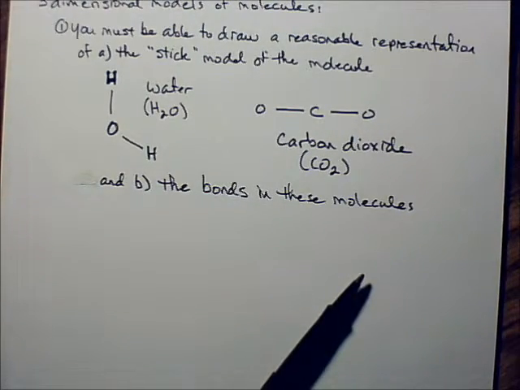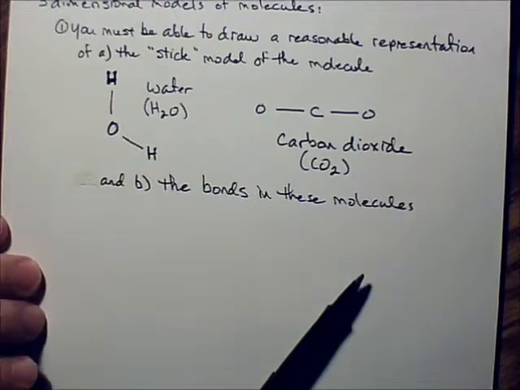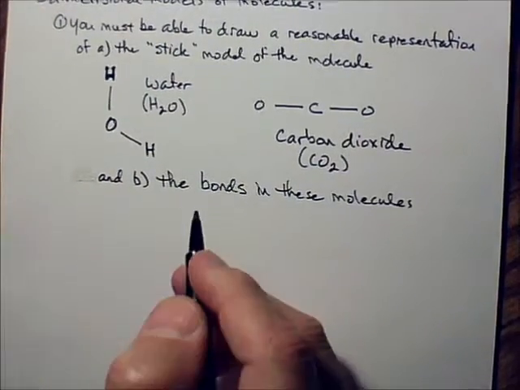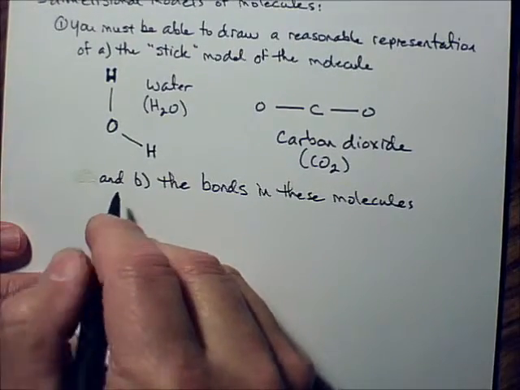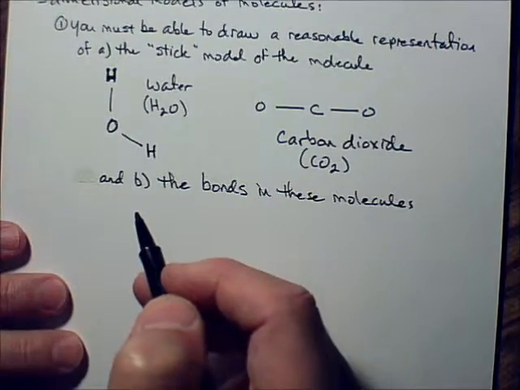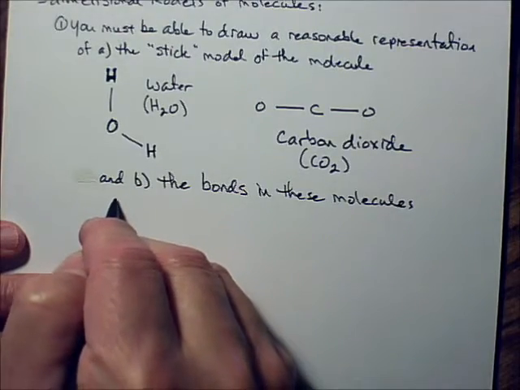The bond drawings include lone pair electrons. So the bonds between hydrogen and oxygen are called sigma bonds, in water anyway.